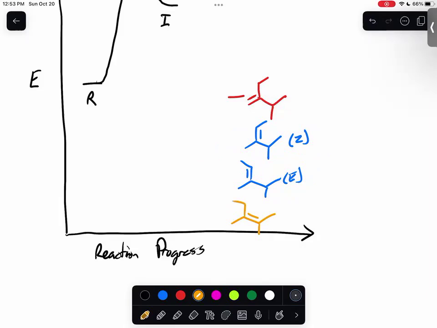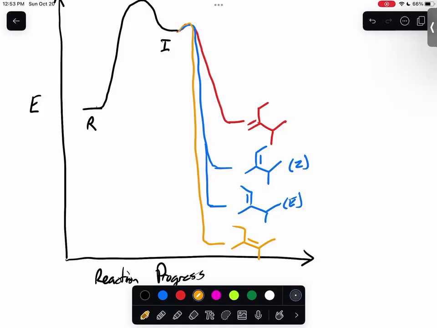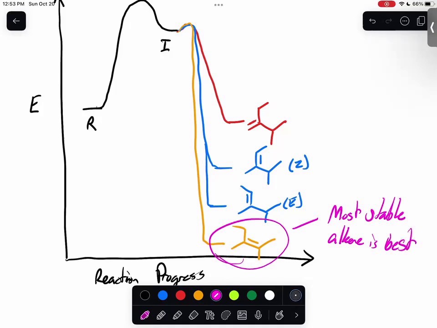What we end up seeing is that for these four different products, they all go through a very similar activation energy, incredibly similar, but they all end up with different final energies. All of them have different delta H's, where the most favorable, the one all the way down here, is the product. So the most stable alkene is the best to make.